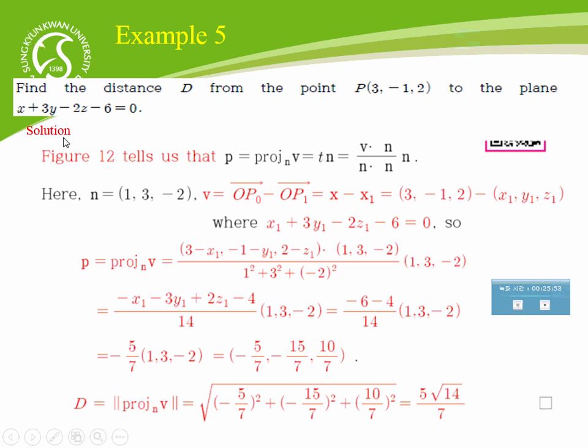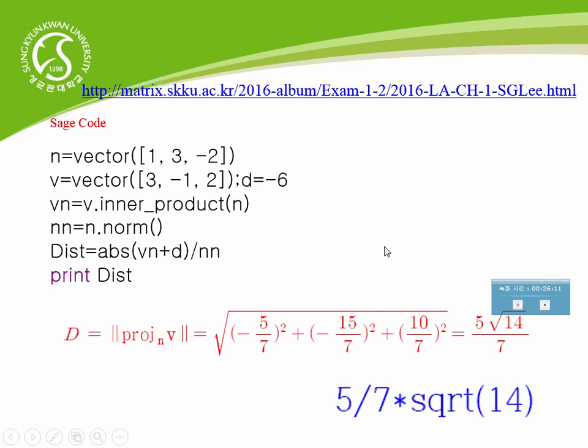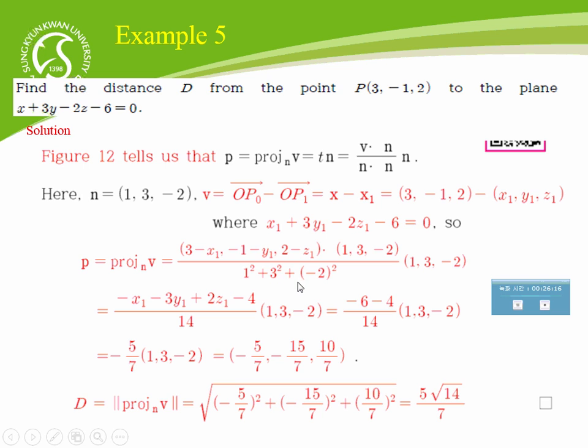Now find the distance d from this point to this plane. From here you can easily find the normal vector n, (1, 3, -2), and here is the point. So t times n can be found in this way, and you can easily compute it. This is a very simple and redundant computation.